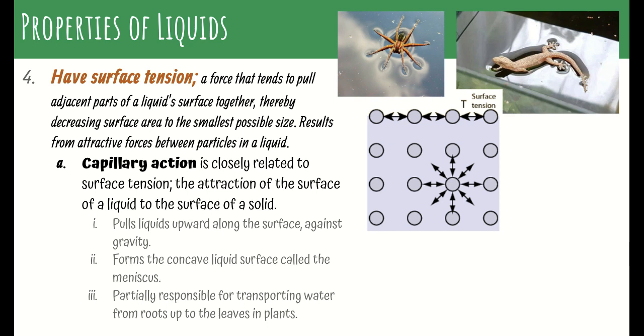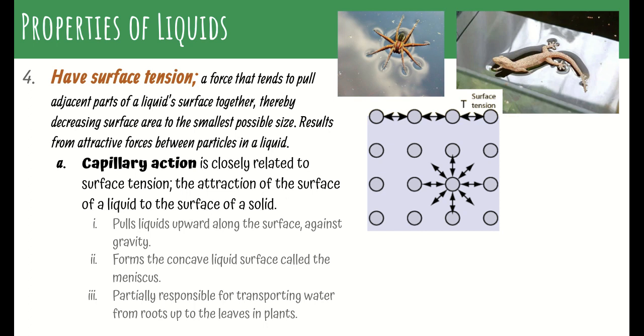You can use capillary action to your benefit. There are a couple of ways you can do this. It's basically pulling liquid upward along the surface against gravity. If you've ever had to siphon anything, like siphoning gas, you start the process, but then capillary action takes over.